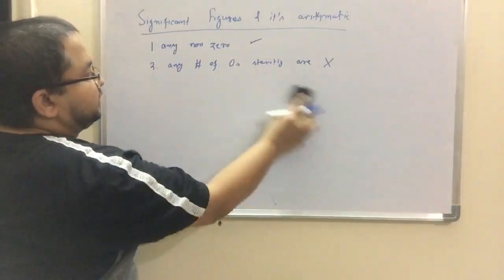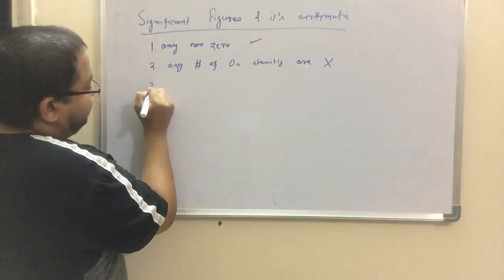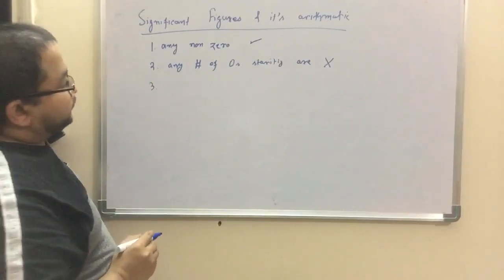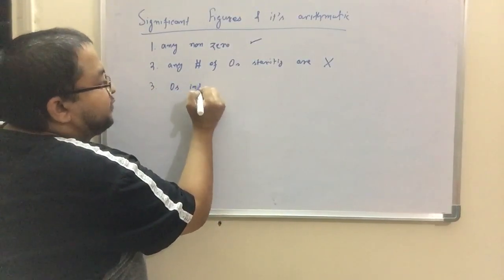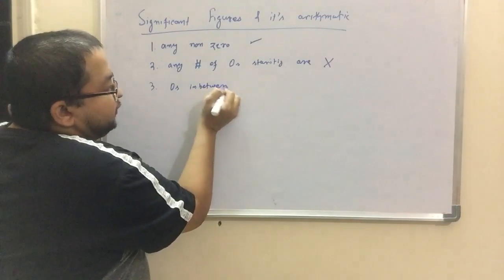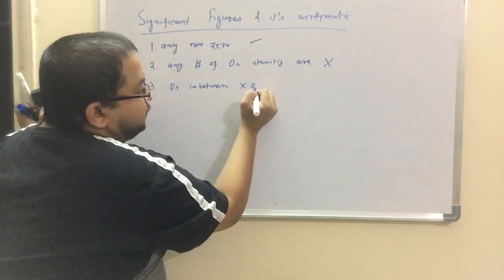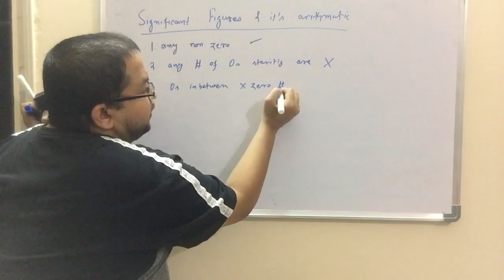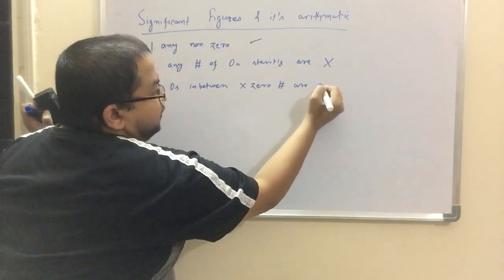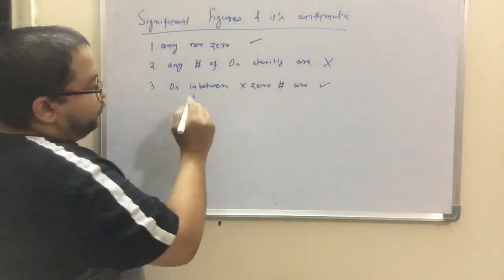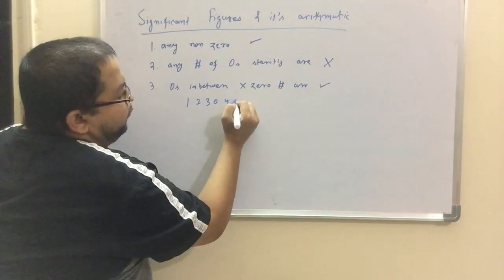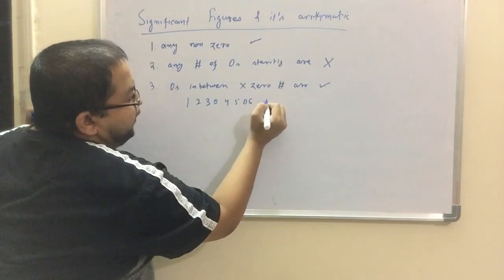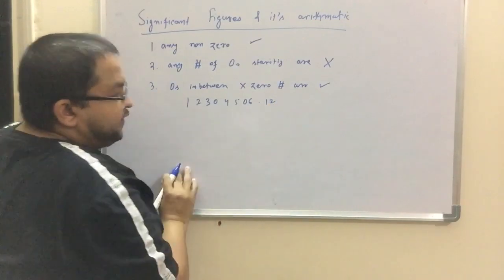Okay. The third rule. Zeros in between non-zero numbers are significant digits. What do we mean? 1, 2, 3, 0, 4, 5, 0, 6, 1, 2, right?